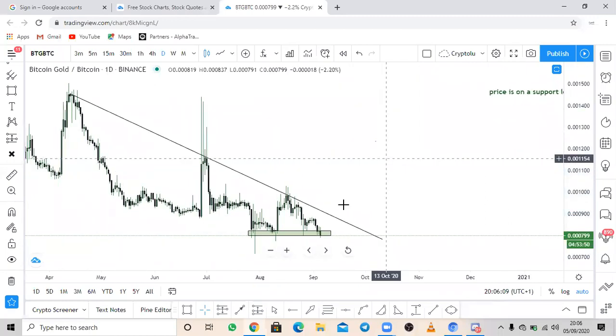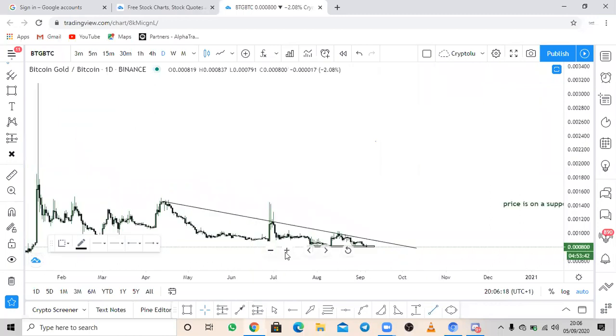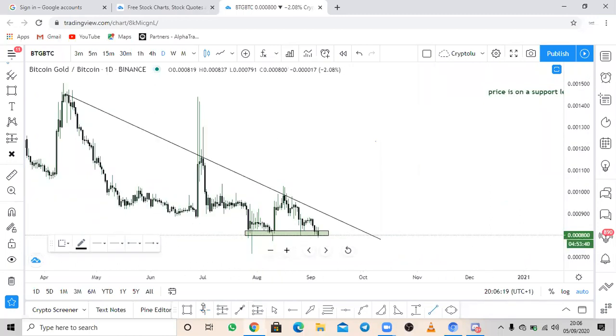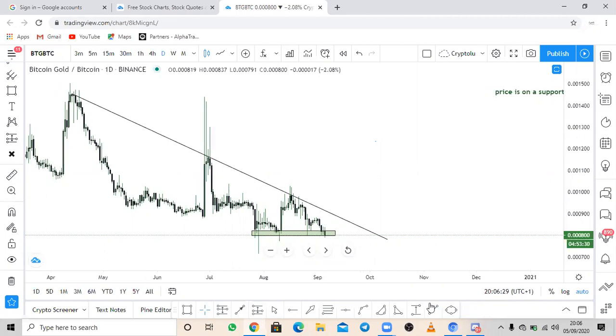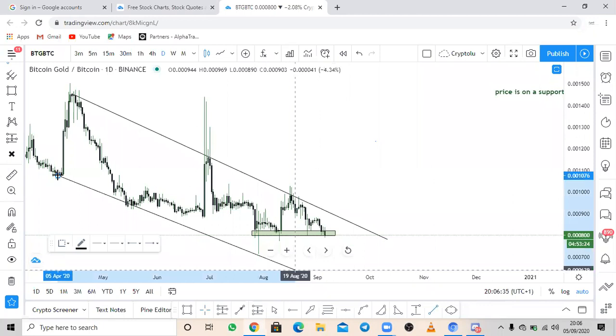Okay, so the next thing here is the support trend line here. So we have something like this.